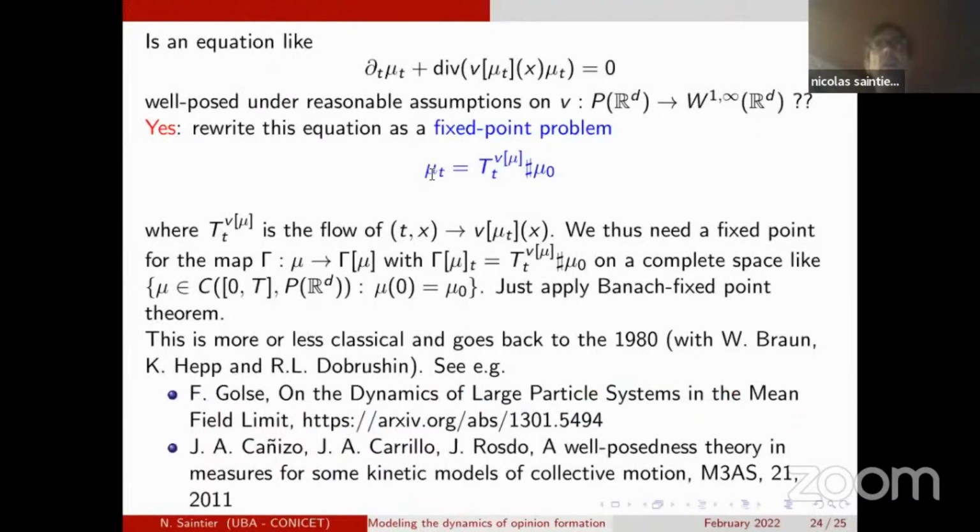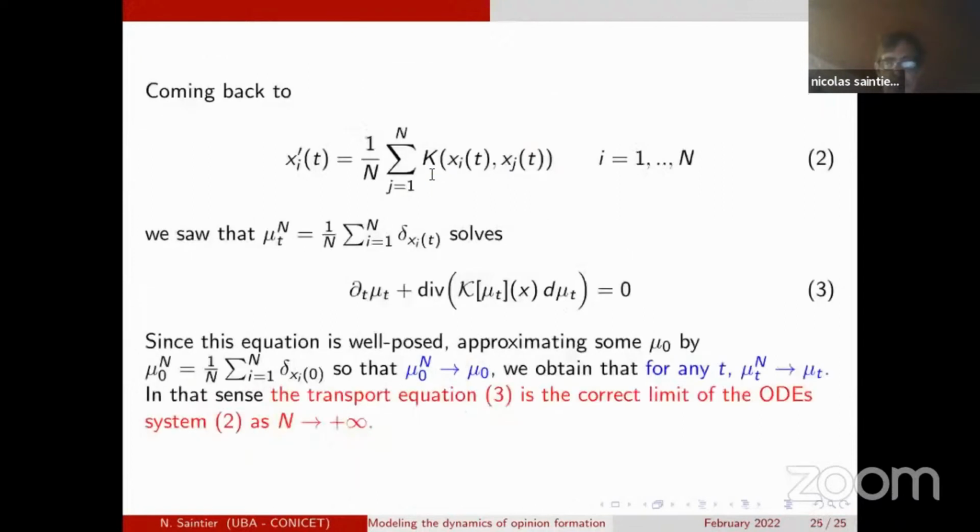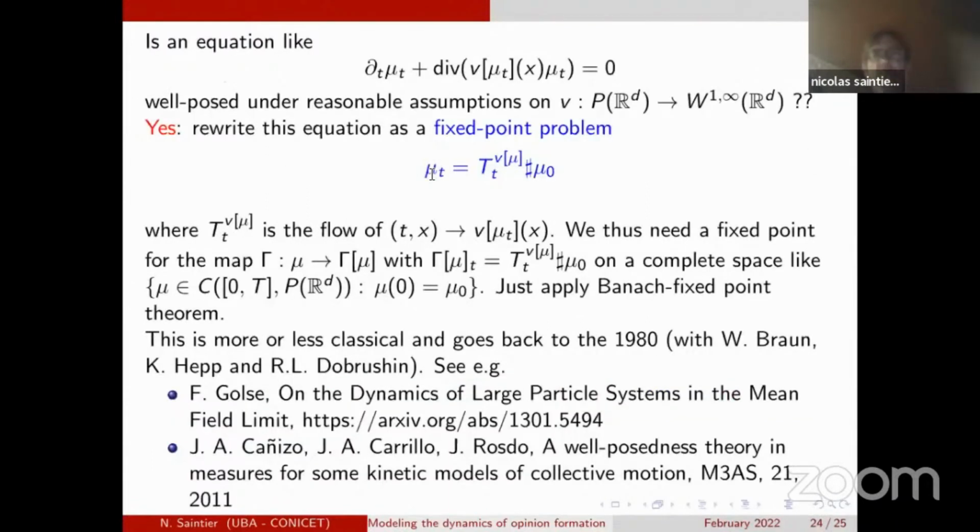The rest is only slight technicalities, nothing very complicated. Okay, and also you have continuity with respect to the initial condition. So you have a full well-posedness result.